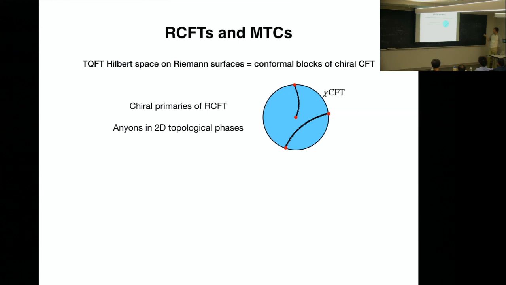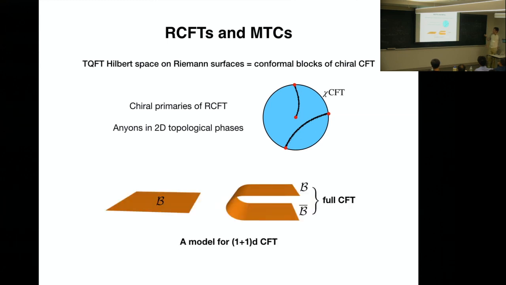Or we can take this pair of anyons and put both of them on the boundary, and that leaves nothing in the bulk, so that's sort of like a non-local string operator on the boundary. Okay. So the bottom line is that there's this one-to-one correspondence between anyons in this bulk 2D topological phase and the chiral primaries of the rational CFT.